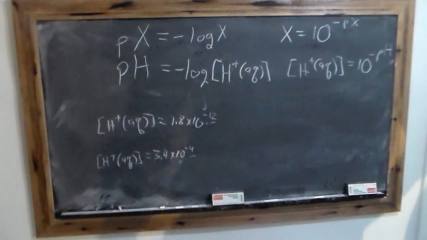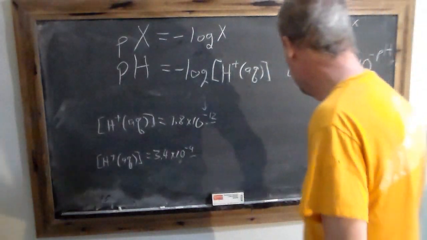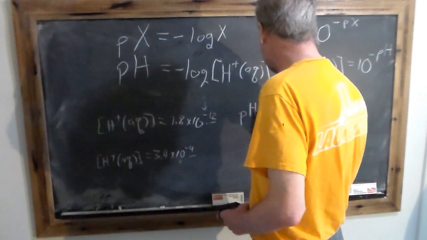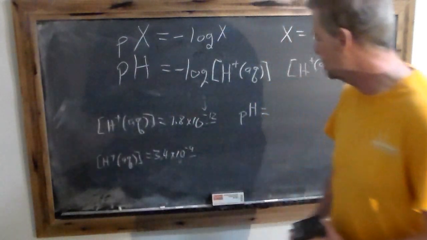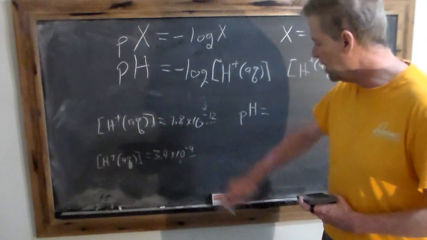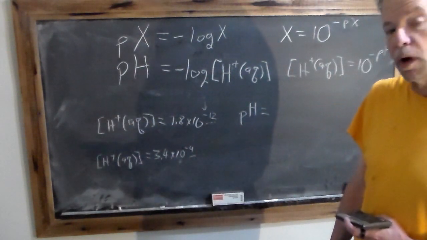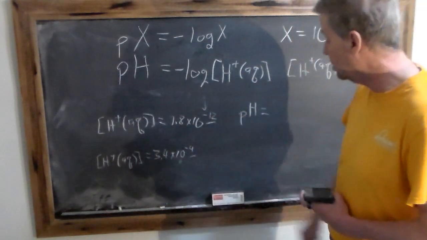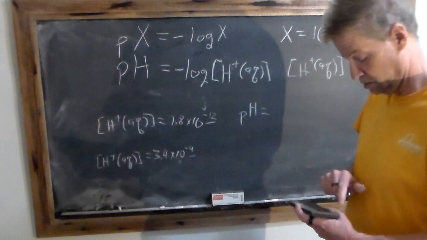So, if you have a calculator, play along. The top one, the pH, and what we're going to find is that this pH is going to be close to but not equal to 12. This pH is going to be close to but not equal to 4. So it's very close to the mathematical power of the concentration.